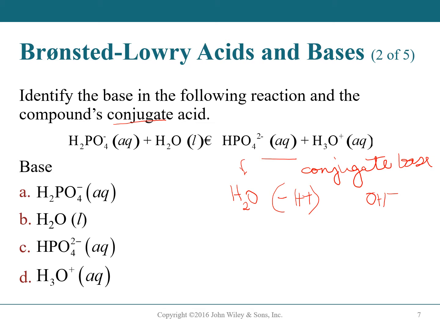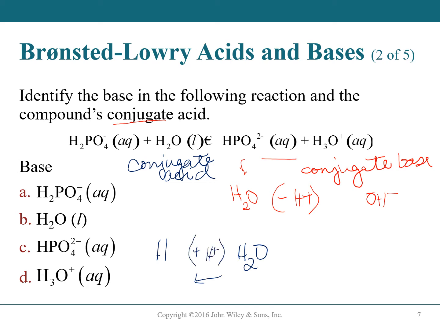What happens if I ask for a conjugate acid? Then this must act as a base, and a base accepted an H+. Since for the conjugate base I lost one, here I'm going to go in this direction and gain an H+, and so you get the hydronium ion.